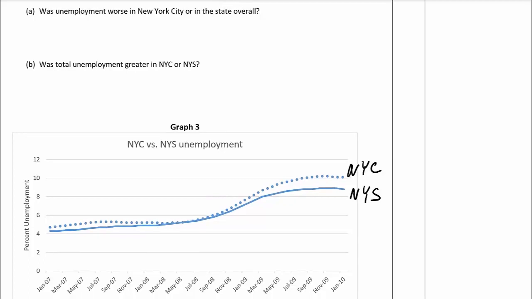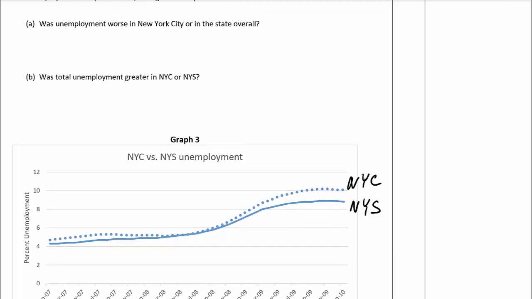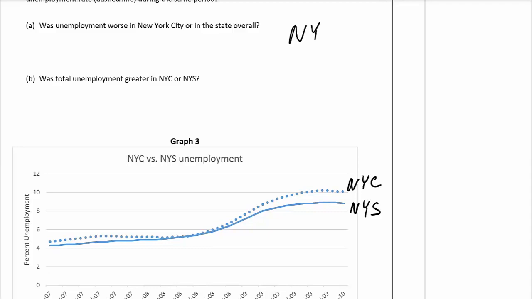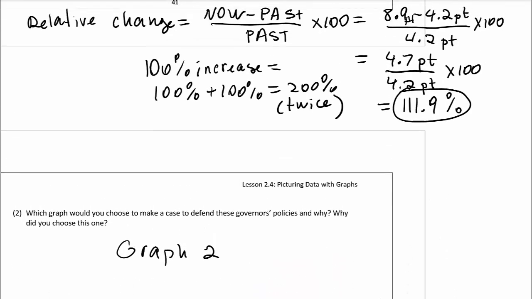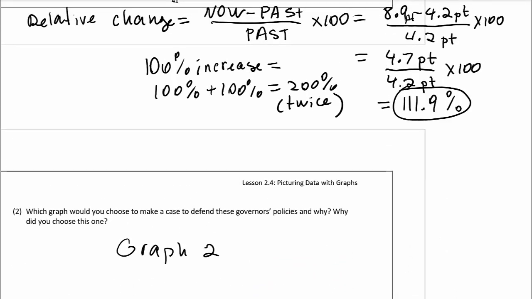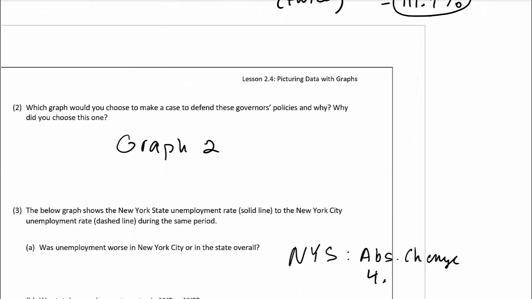So if we look at the numbers here, the New York State we already calculated, right? So for New York State, what was the absolute change we calculated earlier? It's 4.7%, so it's 4.7 percentage points, and the relative change was 111.9%.